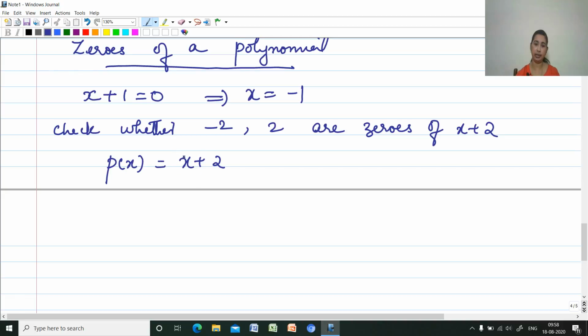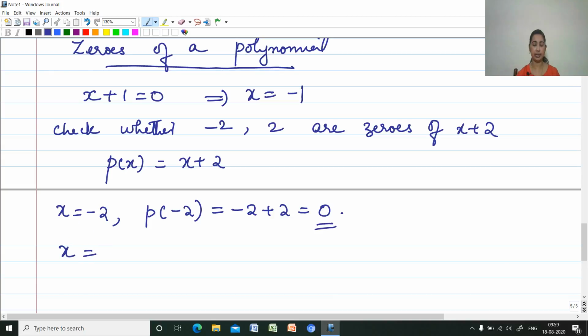That is, if I put x as minus 2, I should get the value of the polynomial as 0. So for x equal to minus 2, what happens to p of x? P of minus 2 becomes minus 2 plus 2, which is equal to 0. So minus 2 is a zero of the polynomial x plus 2.